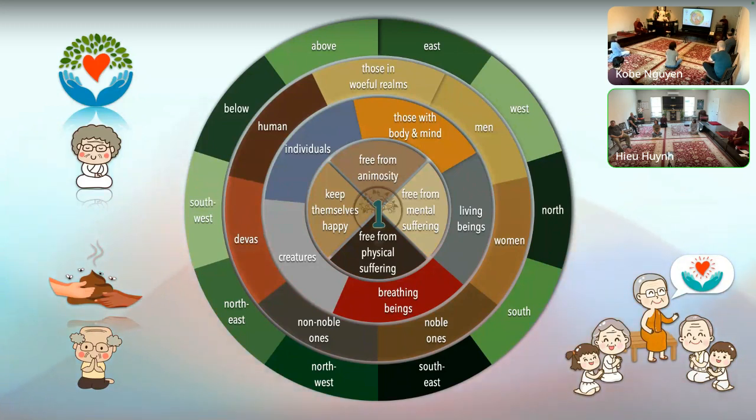The third one is the person who tries to remove ill will by reflecting on being the owner of one's own karma action. In Buddhism we talk about karma. Karma is the action that you've done, bodily, verbally, or through mind. Whatever you do is your own karma action, and karma action will yield a result, a consequence.